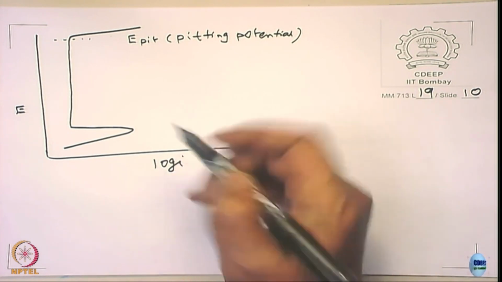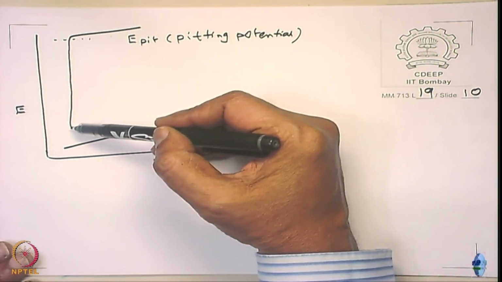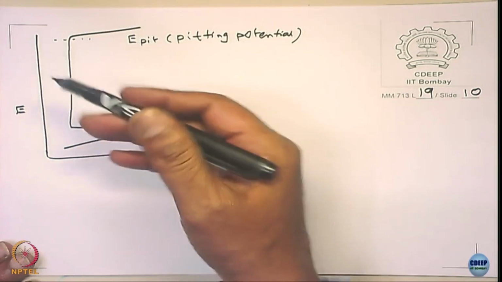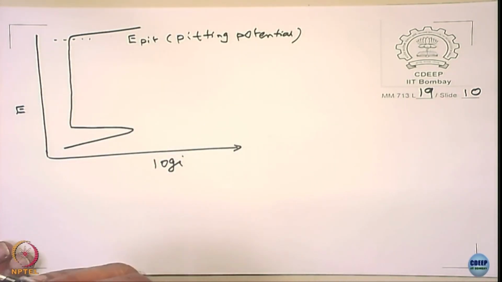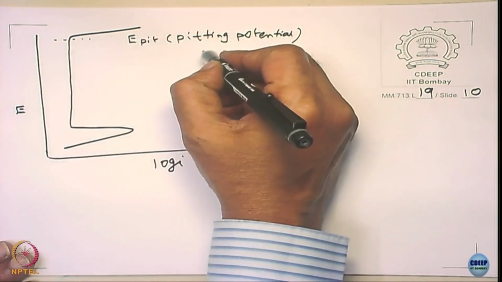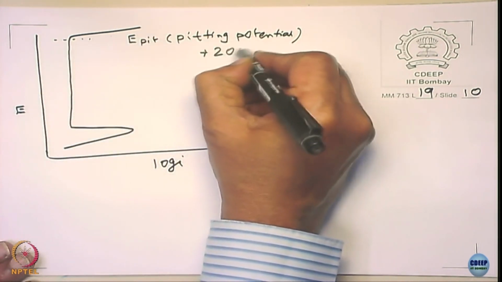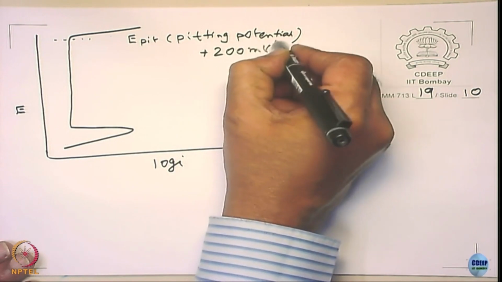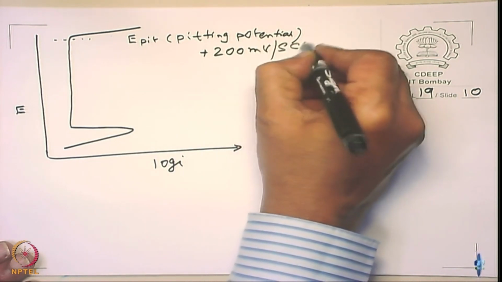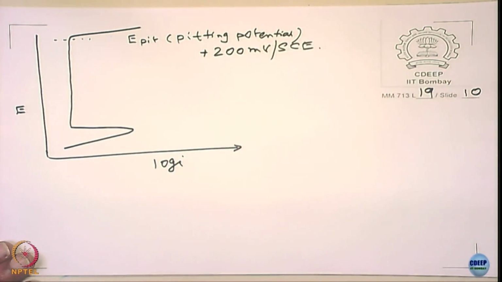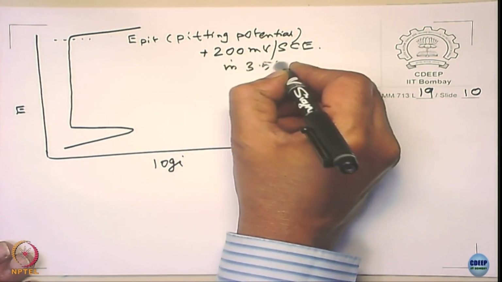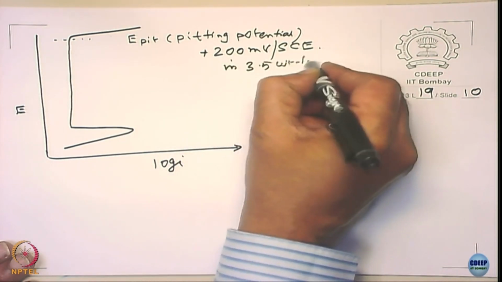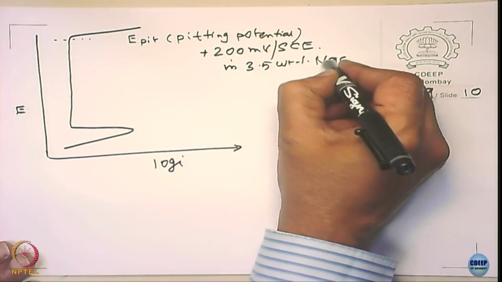Now if you look at the voltage here, let us say typically a 316 stainless steel in chloride medium, maybe the E-pit could be about plus 200 millivolts versus saturated calomel electrode, pitting potential in, let us say, 3.5% NaCl solution.